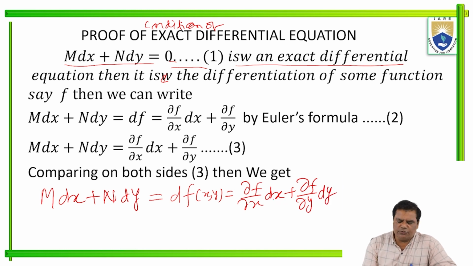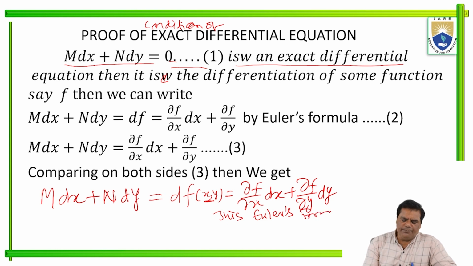In f there are two variables. This is known as Euler's formula.